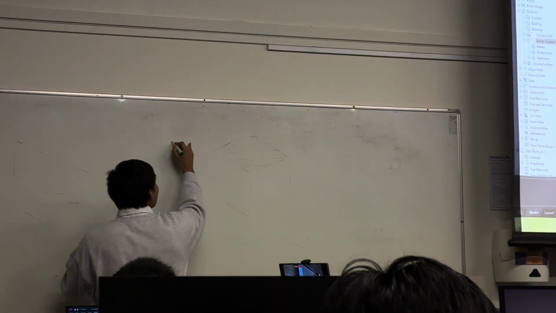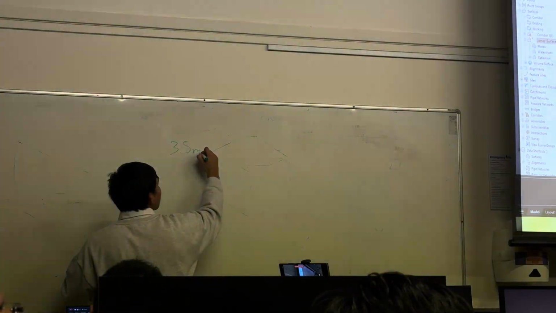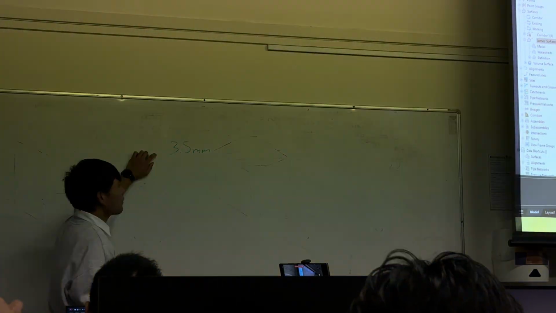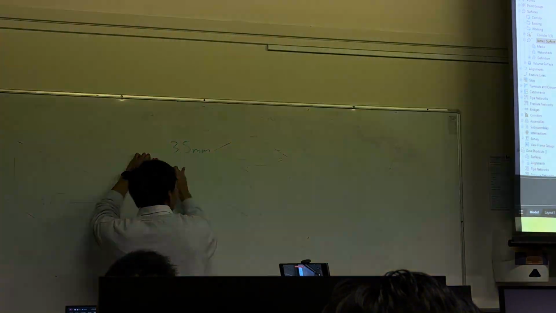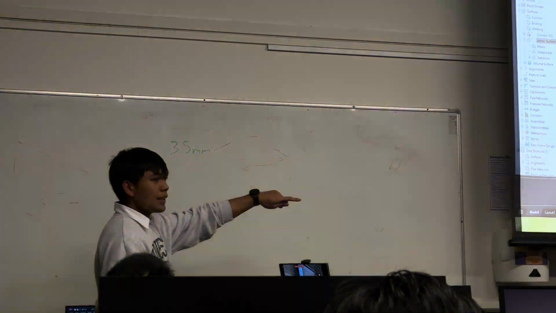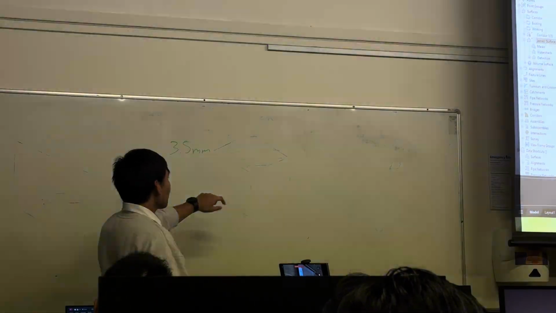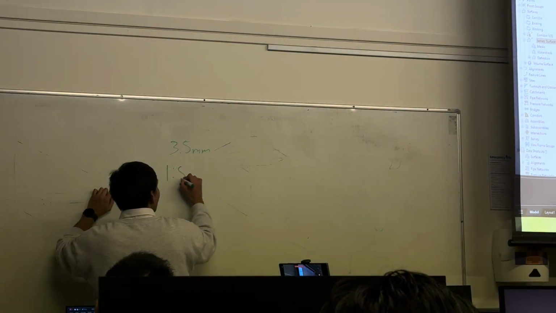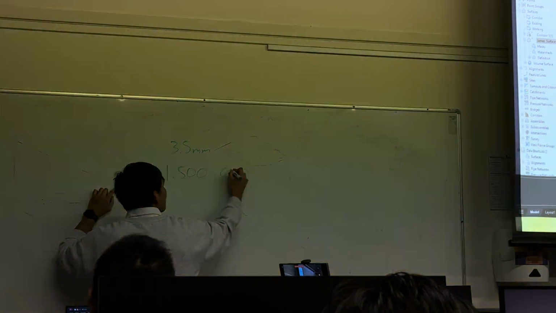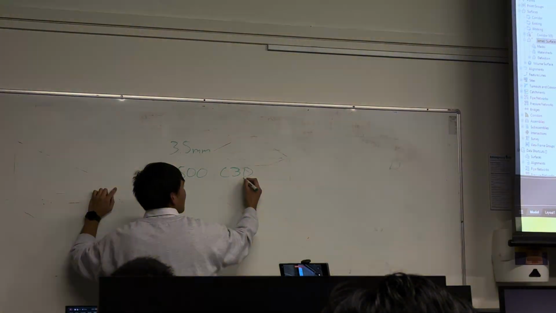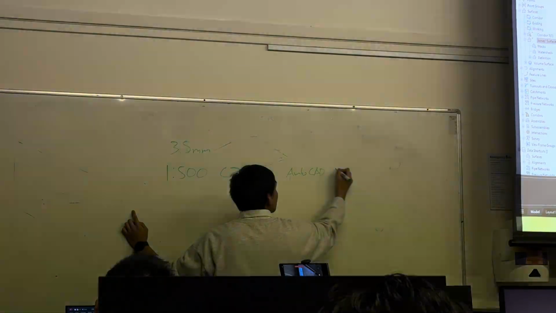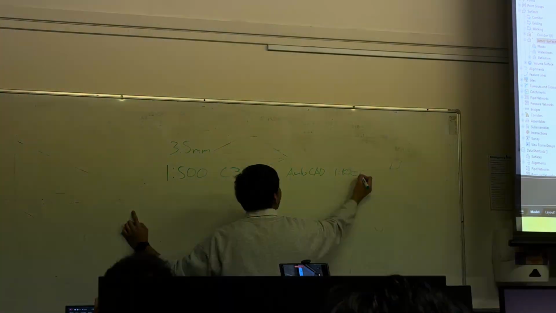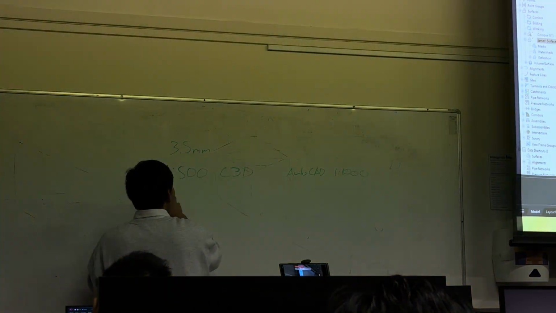So 3.5, just use 3.5 millimeters for your labels. But you'll have to do some calculations, since Civil 3D is by standard 1 to 500, and AutoCAD by standard is 1 to 1000. So we'll have different scales when you export. I'll tell you guys about that later.